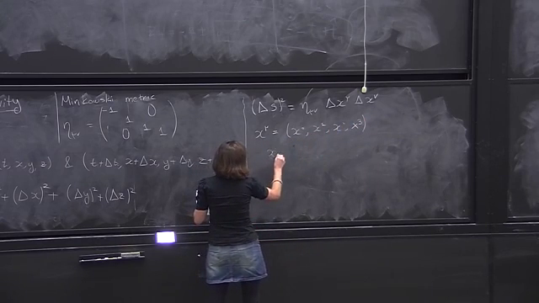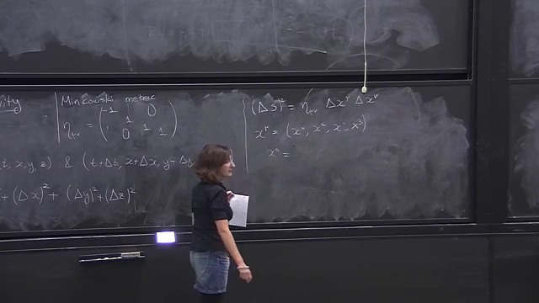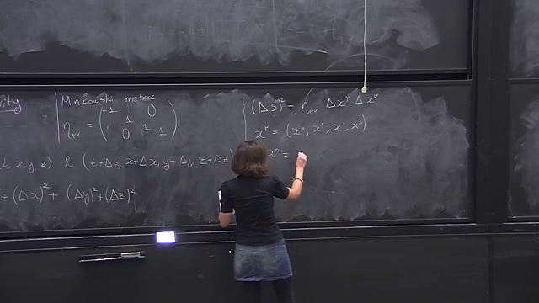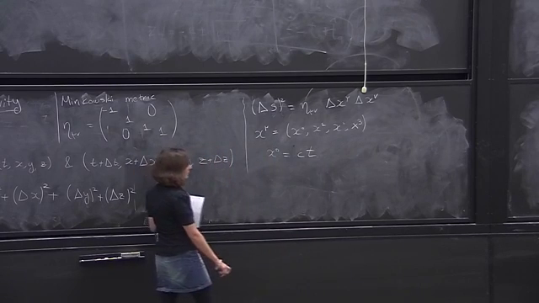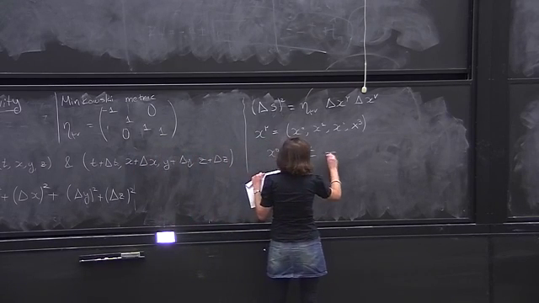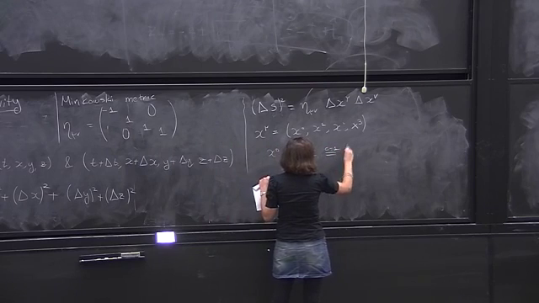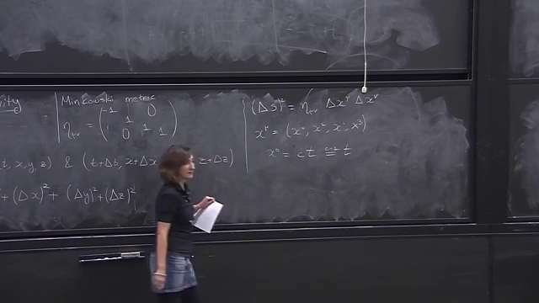And now x0 is usually related to the time coordinate as c times t, with c being the speed of light. But in units where c equals 1, this is just t.